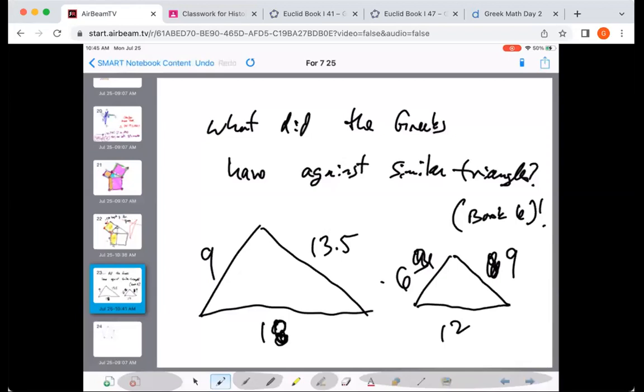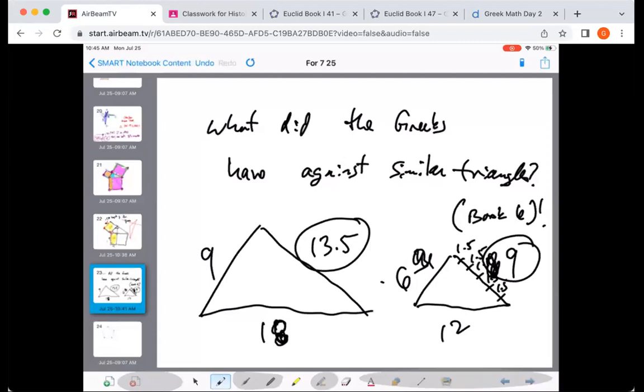So what it means to have the proportion the same is that these numbers, 13 and 9, for instance, are both divisible by 1.5. Right? 9 could be split into 6 pieces that are all 1.5.